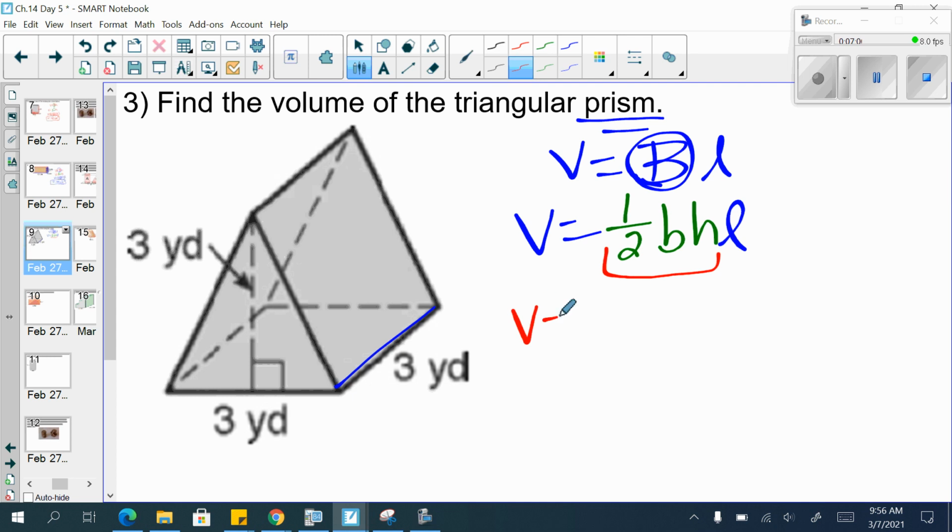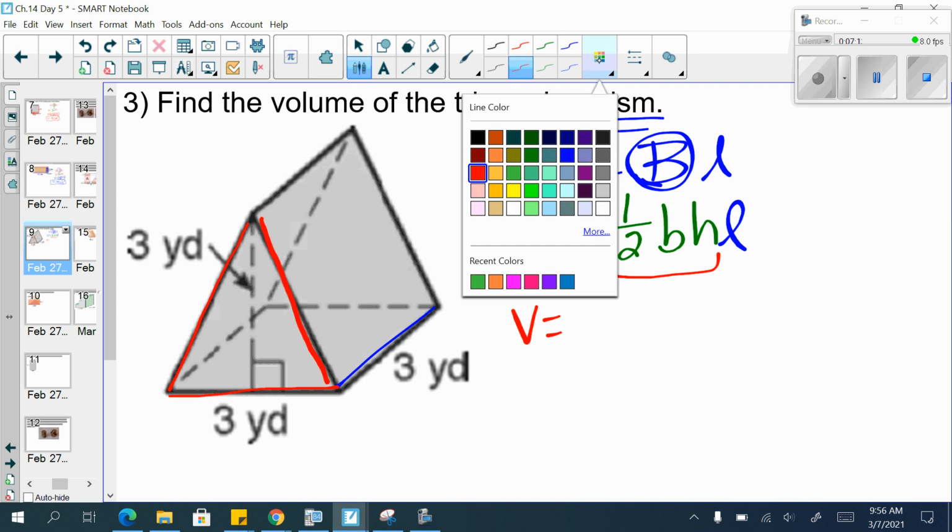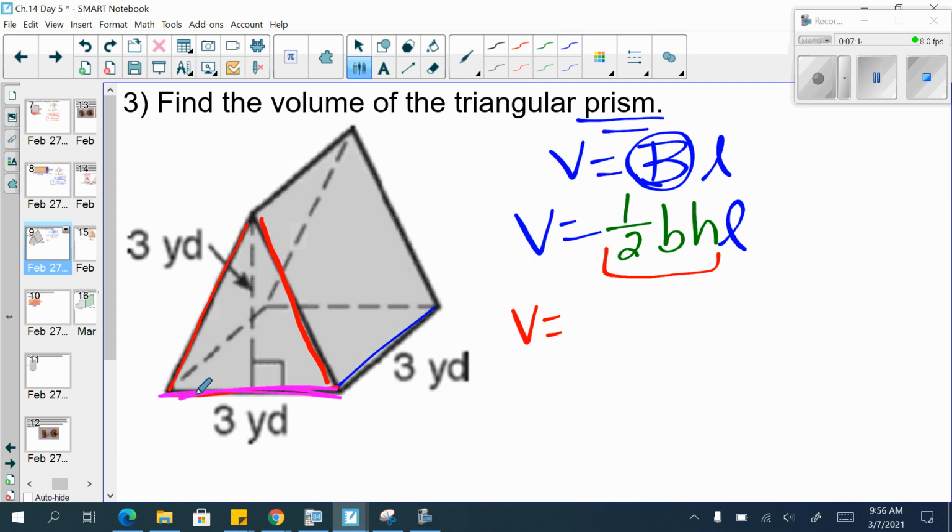So when you're doing this, guys, you should focus just on the front of this figure. The base would be this 3, and the height, remember, in a triangle has to be perpendicular to the base. That's why it's drawn in here. So it's actually 3 as well. So 1/2 times 3 times 3 is going to give us so far 4.5.